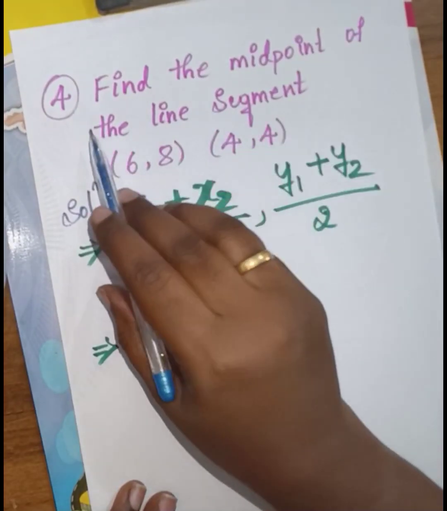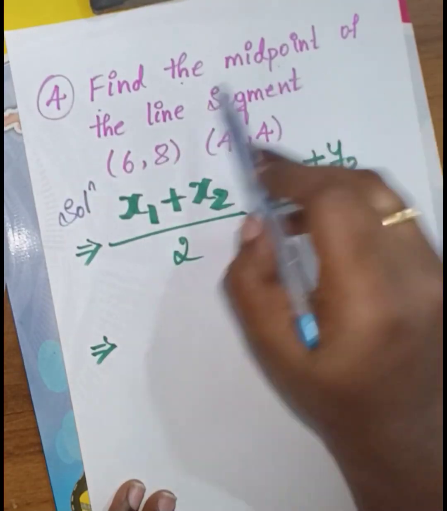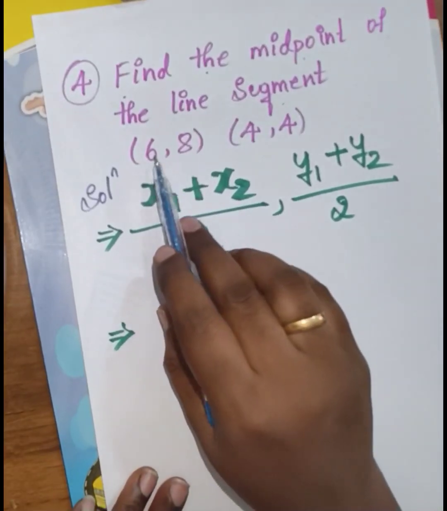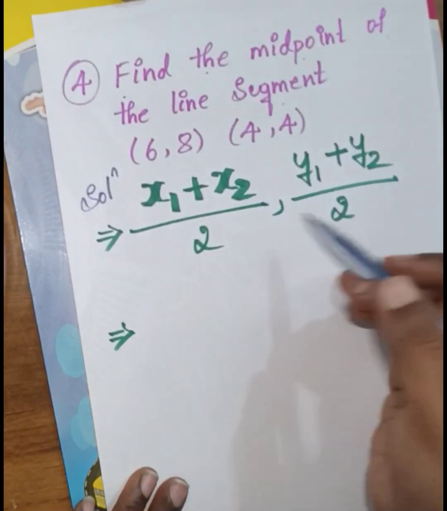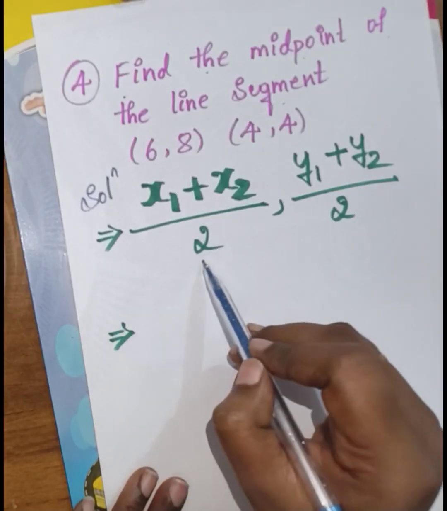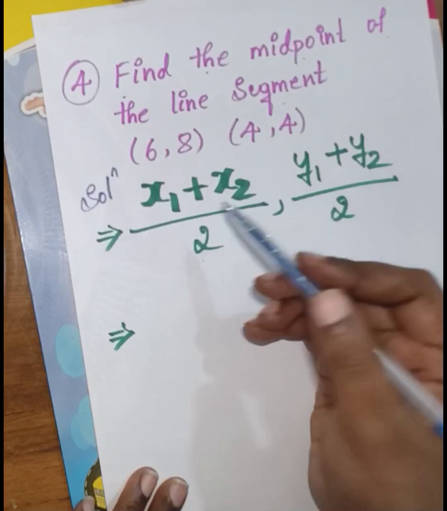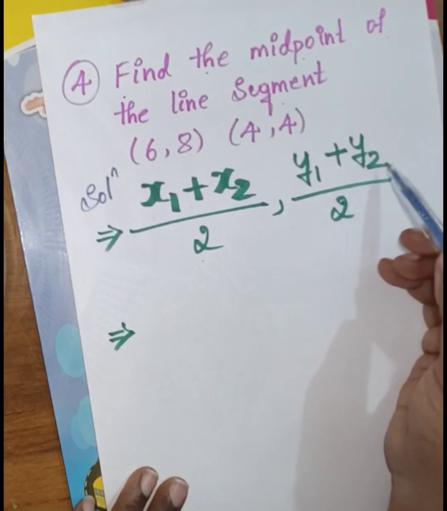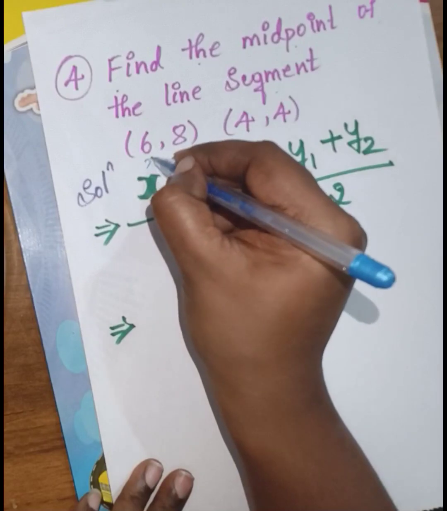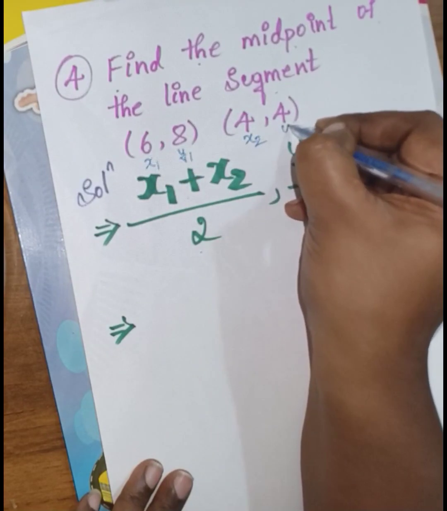In this chapter, one more method. This is the last method. Find the midpoint of the line segment. Midpoint means they'll give 2 points and you need to find it. I said midpoint, mid means 2, so you divide by 2. You can take x1 plus x2, y1 plus y2. Here x1, y1, x2, y2.